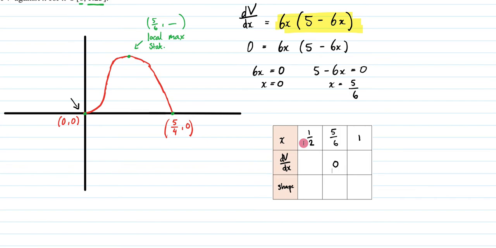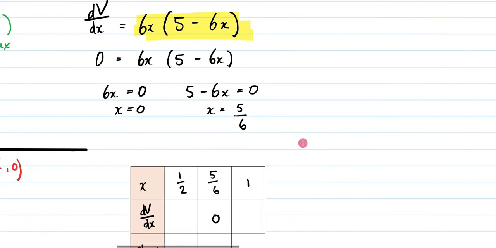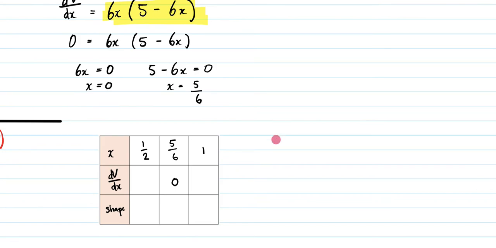To do that, let me zoom in here. Let me come over here. I have dV/dx is going to be equal to, let me just move this over a bit. I'm going x is equal to 1 over 2.